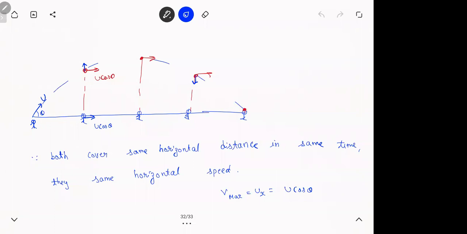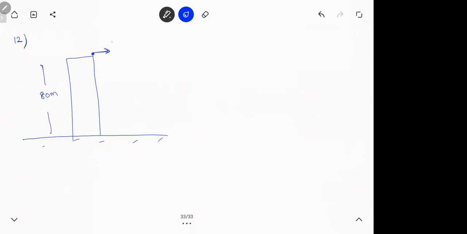Okay, next one. Last one. You have a building, 80 meters. Someone projected a stone horizontally with 20 meters per second.